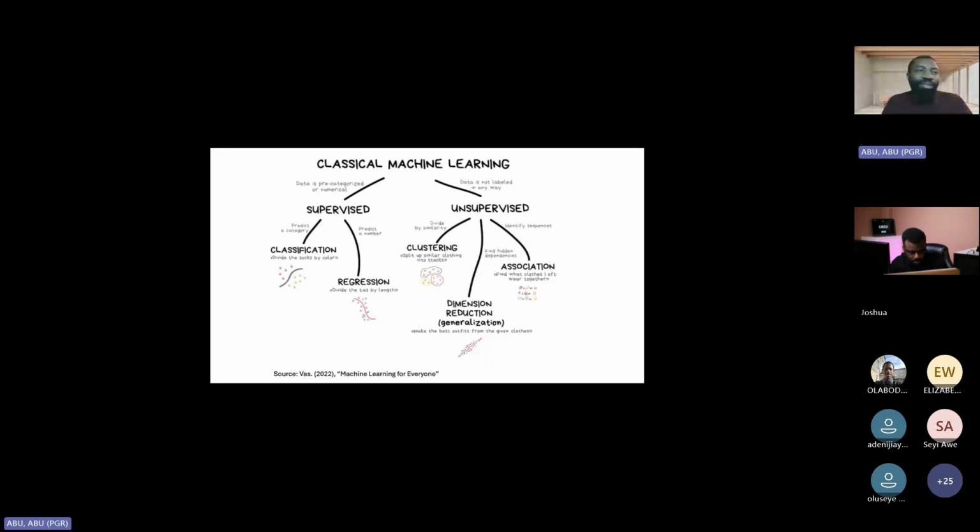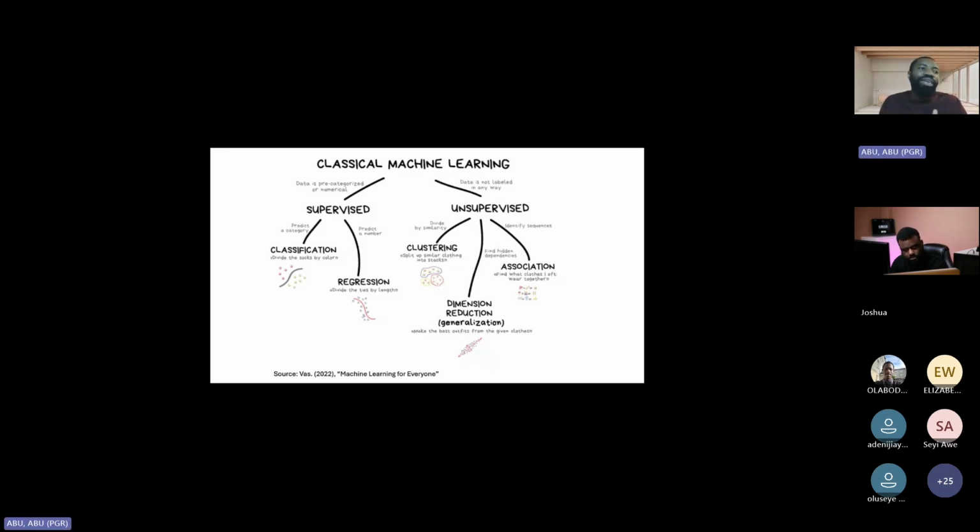So supervised learning can also be further subdivided into classification and regression. So in classification, you're trying to delineate, right, between different classes of things. For example, let's say in a basket, right, you have oranges, you have apples, you have pineapples, and in each of these fruits, they have their own different features, right?